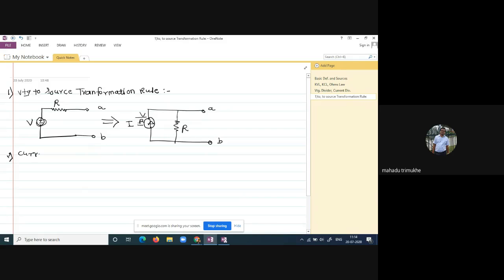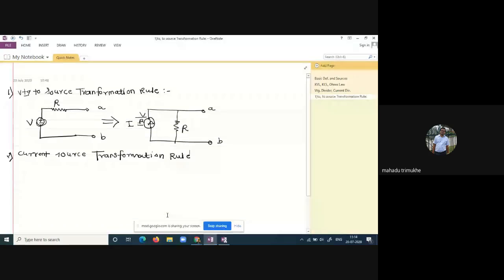Current source transformation rule. Here, your current source is shunted by a resistance.